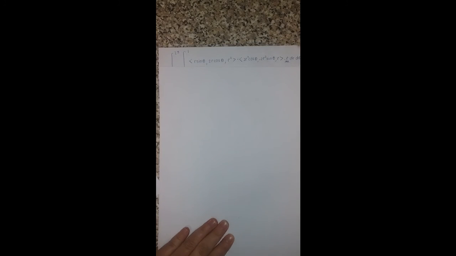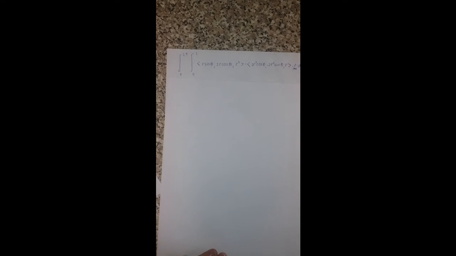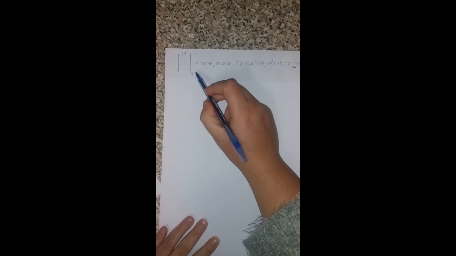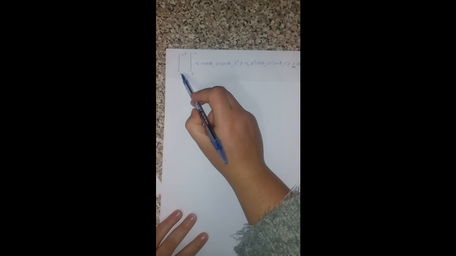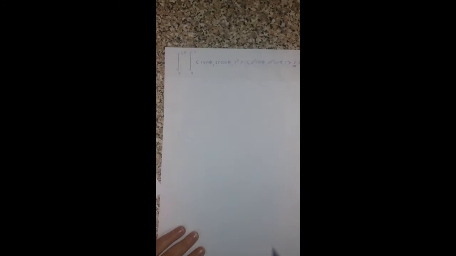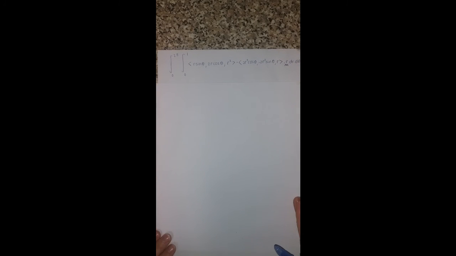And don't forget the integrating factor that you have to add. And then you have your boundaries that go from 0 to 1. So basically you would have to see where they intersect to get the 1, and then your theta that goes from 0 to 2 pi. And then you have to do this all over again for your second surface.